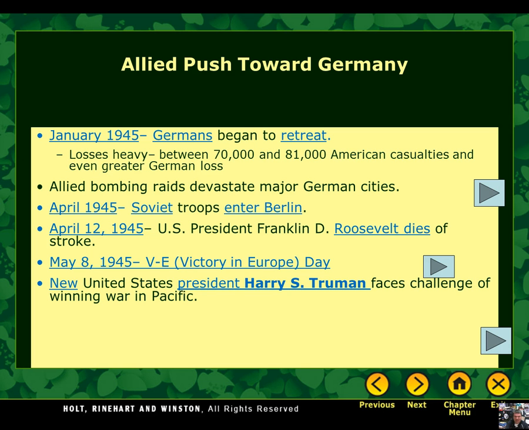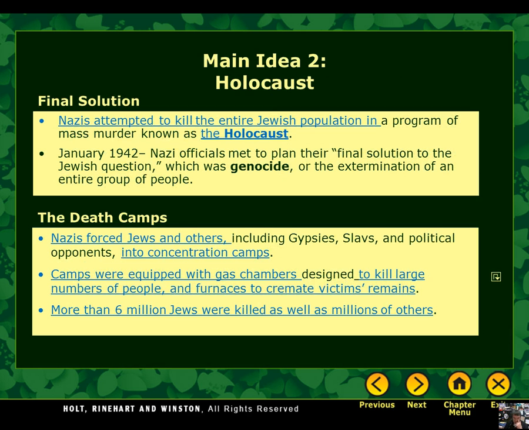On every little island that the Americans encountered, the Japanese fought to the death. They did not surrender, which meant that more American soldiers were going to die as the United States tried to remove the Japanese from those islands. And so we'll talk a little bit more about that here in a moment when we get to the atomic bomb.